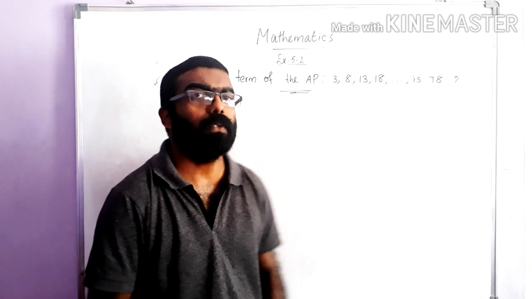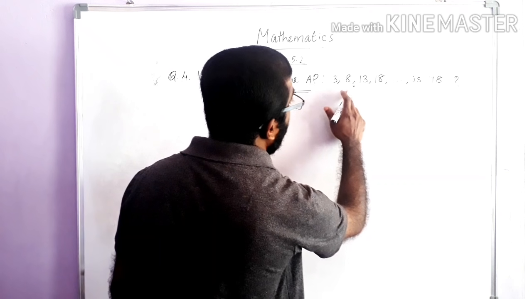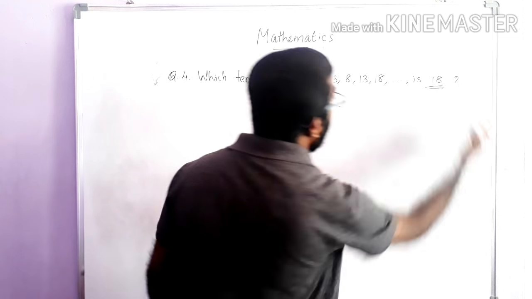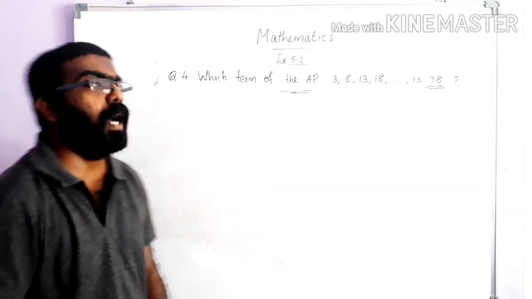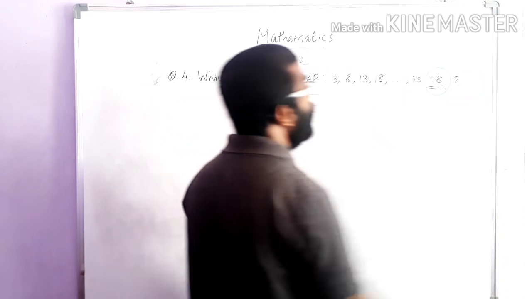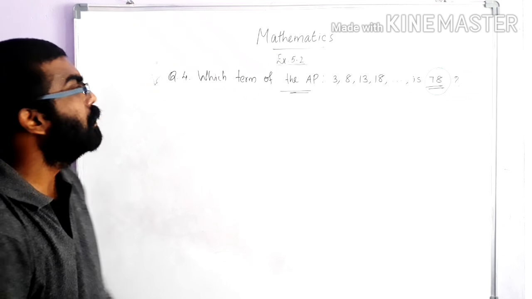Okay. And here the fourth question is, which term of the AP 3, 8, 13, 18, etc. is 78? So we have to find the position of the number 78 in the AP. Okay.